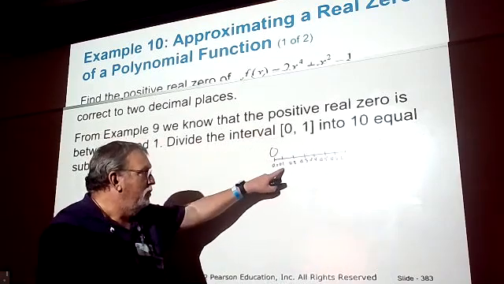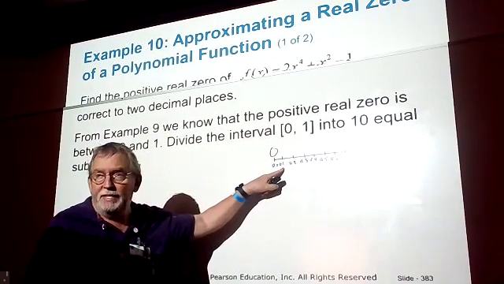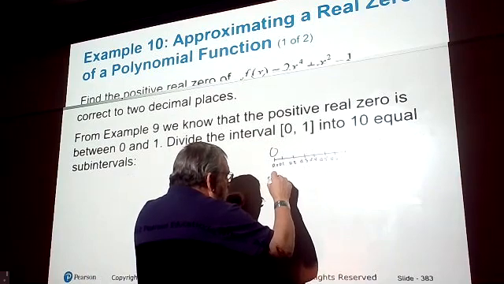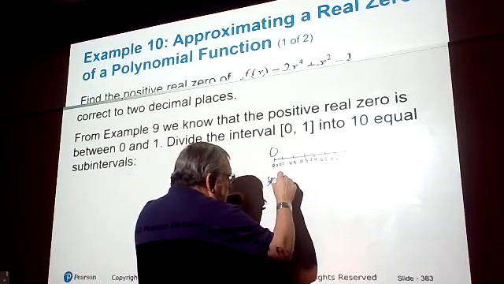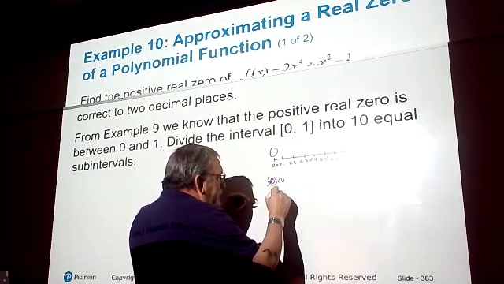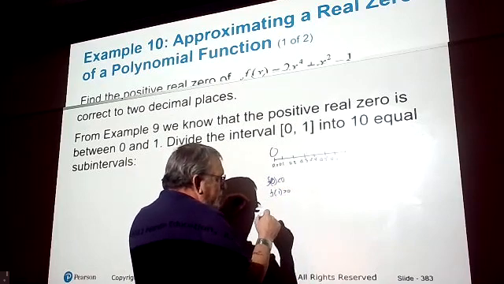So we look at 0.1. Does that give us a 0? We know that f of 0 is less than 0. So we want to find out, is f of 0.1 greater than 0?